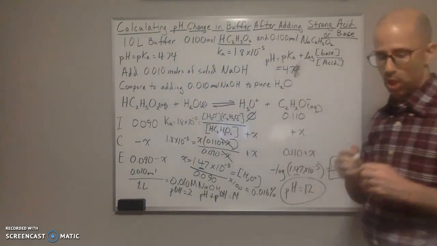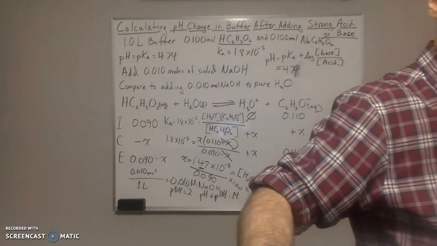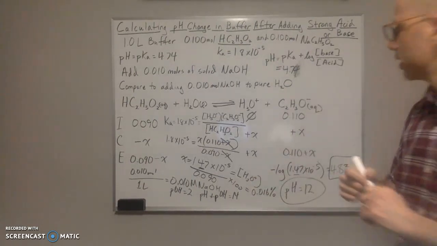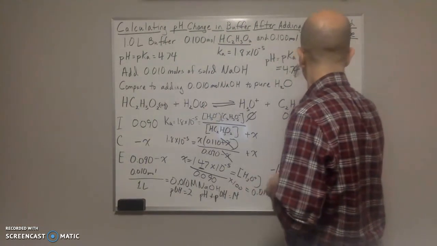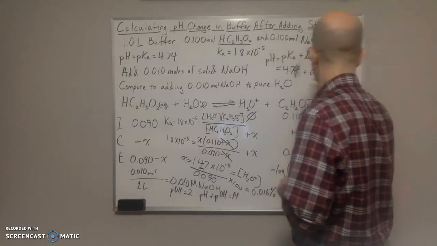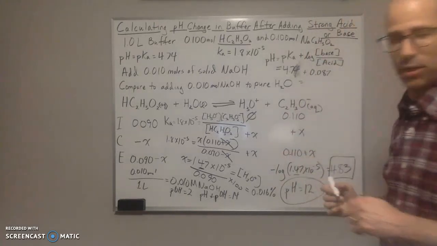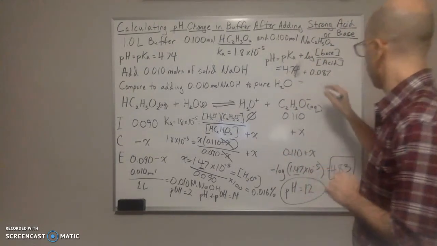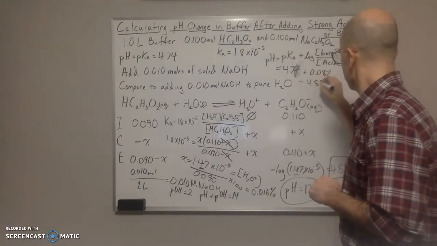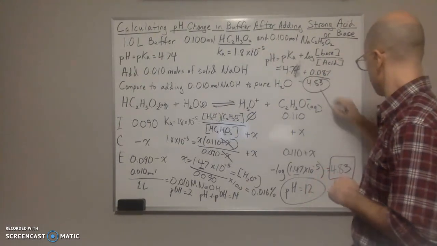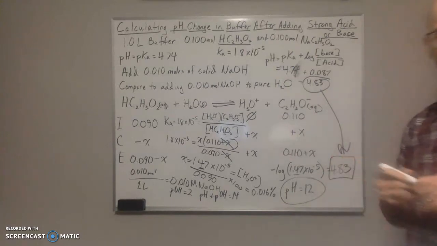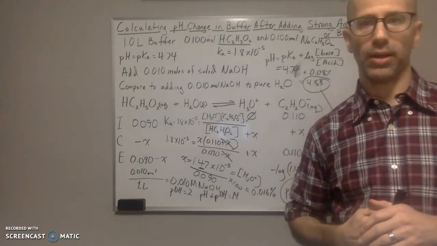And then plus the log of that, if we calculate that, that becomes plus 0.087. And when you add that together, you get 4.83, the same as you got there. So it works that way as well.